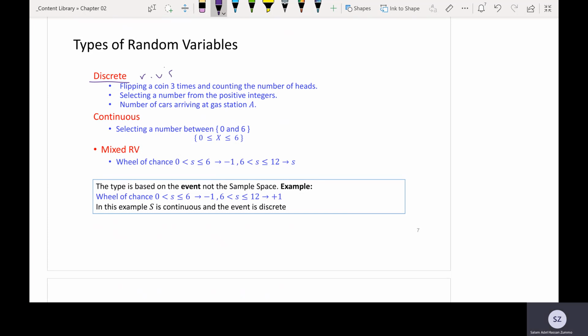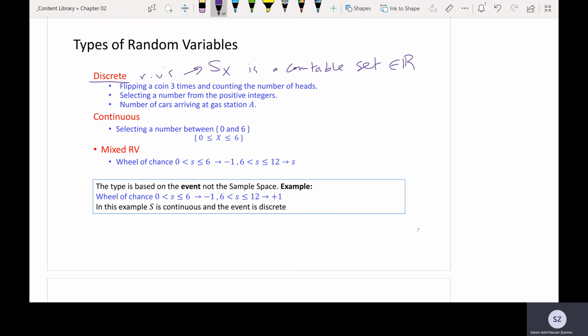So the S_X here, in the discrete case, must be a countable set belonging to the real line. A countable set will give you a discrete random variable.